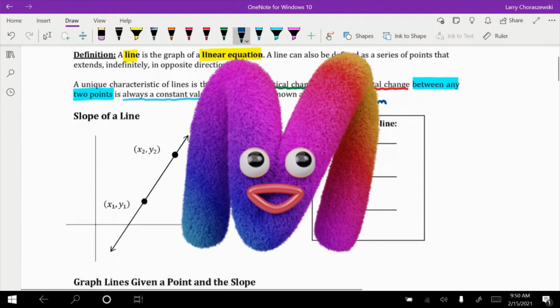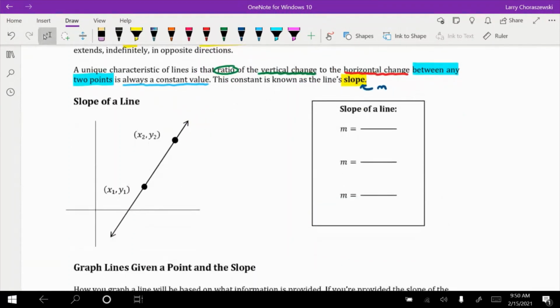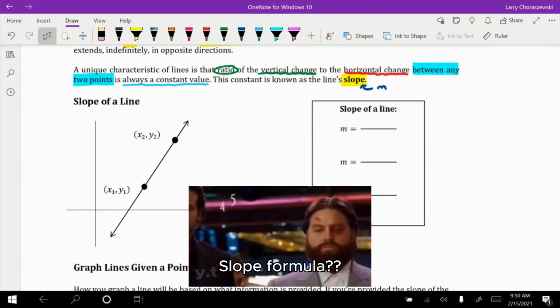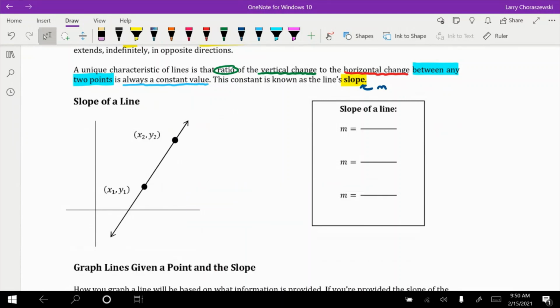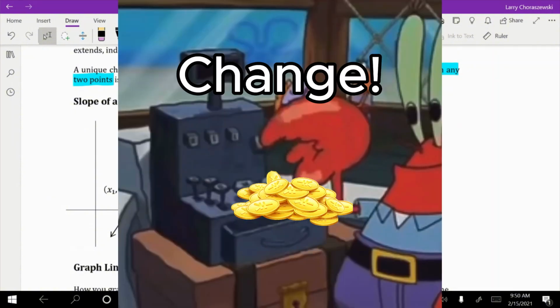So I have a diagram with 2 points on a line, generic coordinates, because I want to give you one version of slope that involves a formula. And in the box to the right, you can see that I'll be giving you a total of 3 versions of slope. The first version of slope involves these expressions, vertical change and horizontal change.